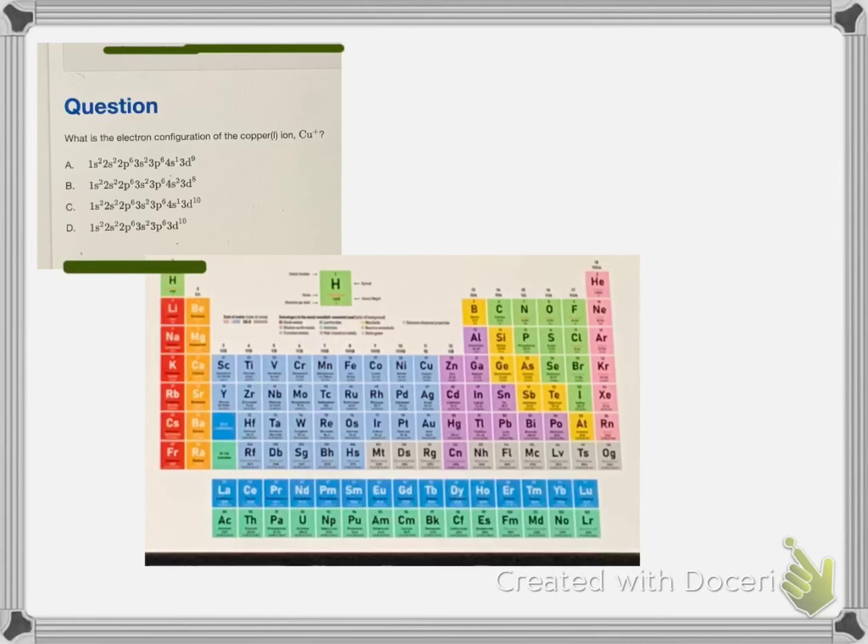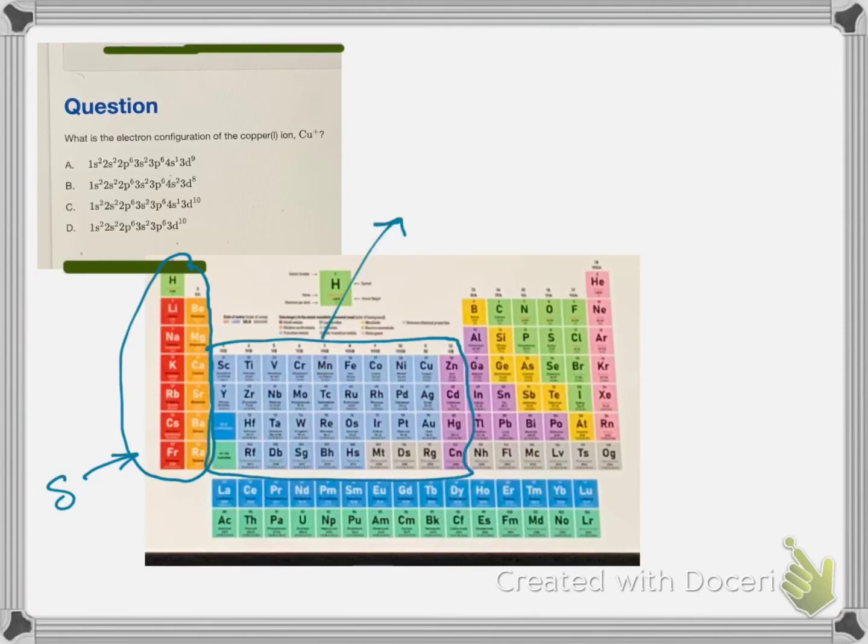Since this question also has chapter 3 in it, which is the periodic table, what we can deduce is that the first two groups are the s block, all of the transition metals are the d block, and all this over here is the p block.